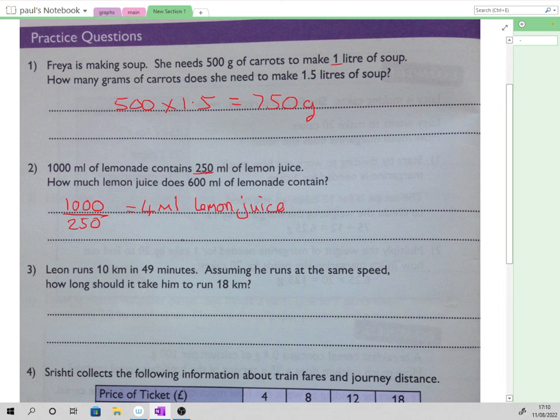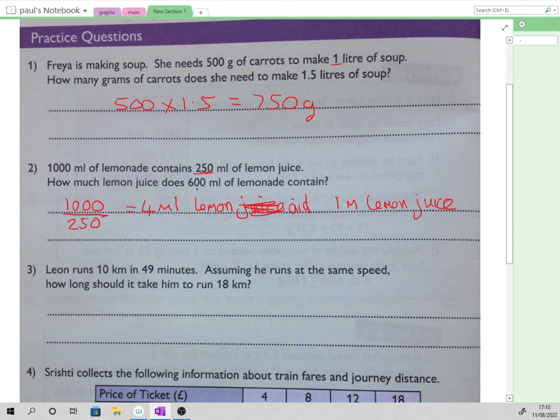Right. So for every 4 mils of lemonade, we need 1 mil of lemon juice. Right, this is complicated.